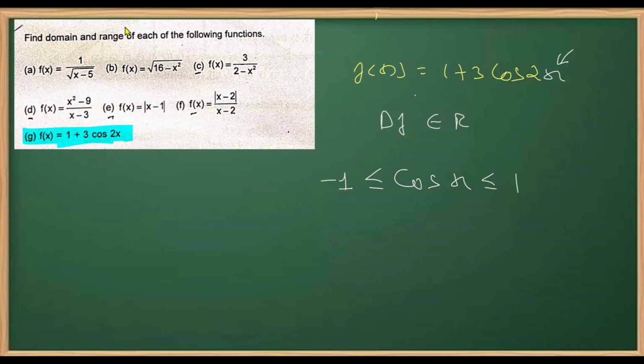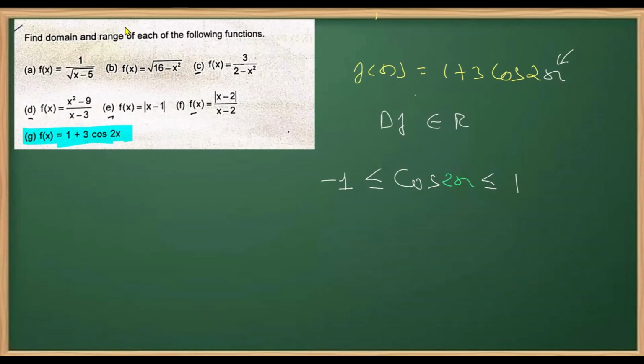Now, if cos x lies between -1 and 1, then cos 2x will also be the same, because the angle can be any value, whether it's x or 2x. So cos 2x will be between -1 and 1.